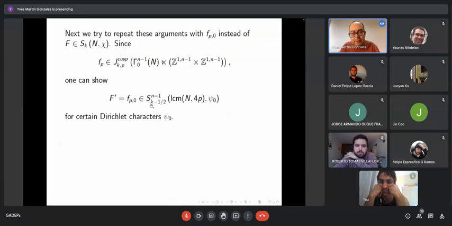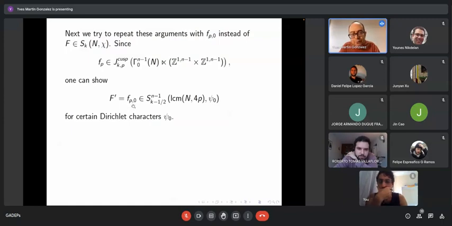Instead of k, it is k minus one half. That's why I have to work with this type of Siegel modular forms too. And now the gamma 0 n also changes. Now instead of big N, I have the lowest common multiple of big N and 4p, the same p that I had before, multiplied by 4. And then there's a different character too. I can be very explicit about the character, but I don't care at this moment.